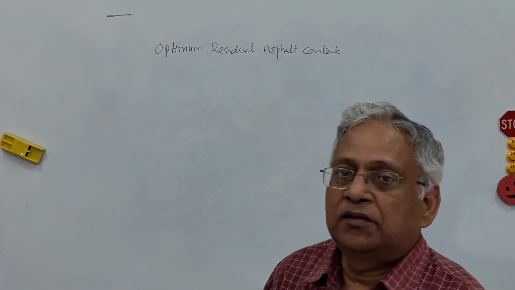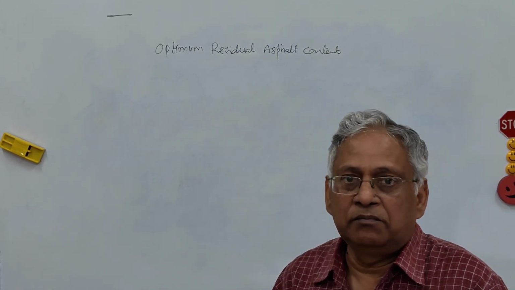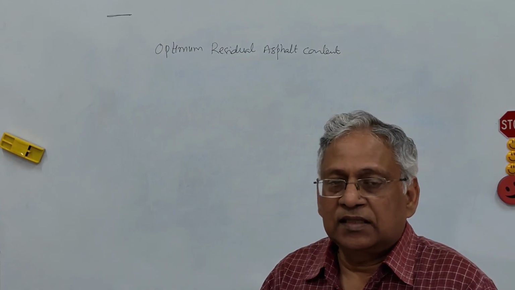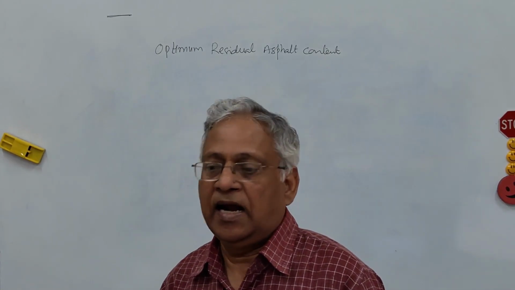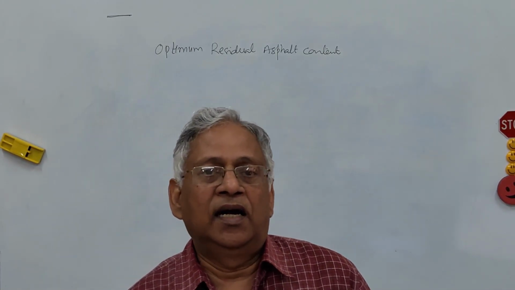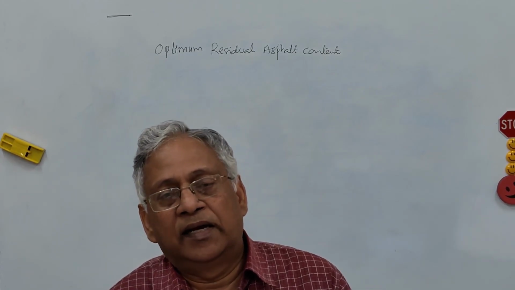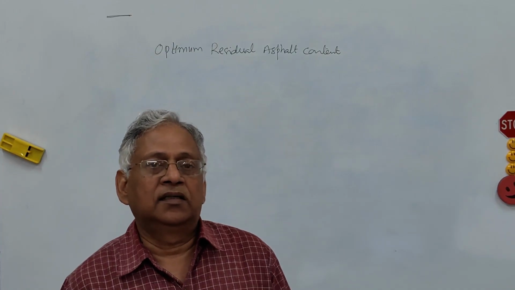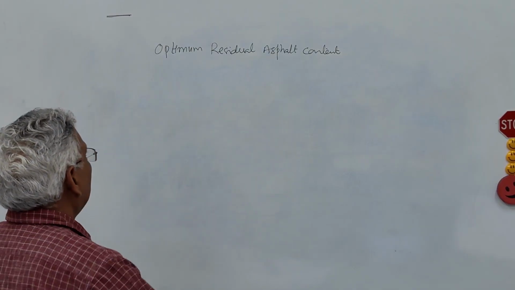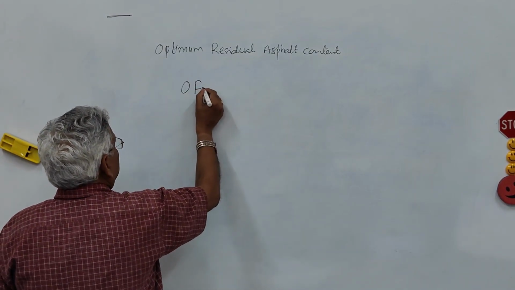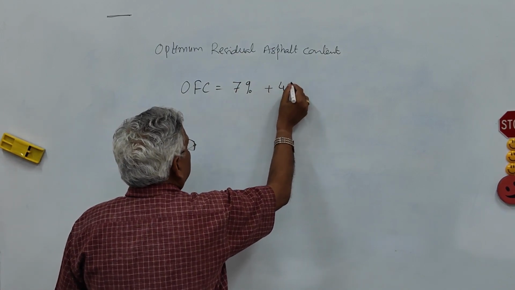Now the third step is to determine the optimum residual asphalt content, residual bitumen content. In the second step, we got the optimum fluid content. We added 7% bitumen emulsion and we got, let us say, 4% water to be added as per the total optimum water content required from the compaction test. Now OFC, or optimum fluid content, is 7% emulsion plus 4% water.